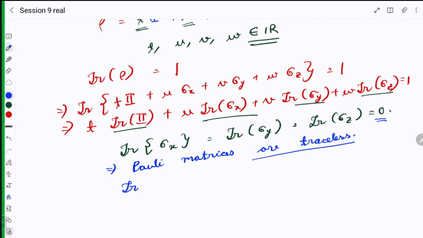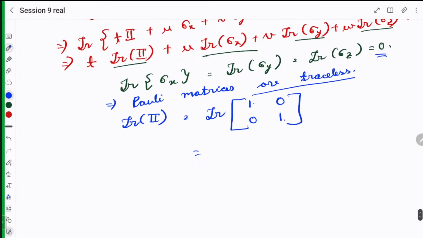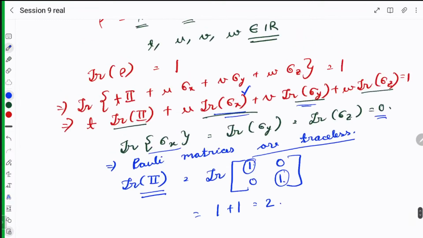And trace of I, what is that? Identity is 1001, and trace is just the sum of diagonal elements. The diagonal elements are 1 and 1, so 1 plus 1 is 2. So trace of identity is 2, and all the rest of these terms are 0.